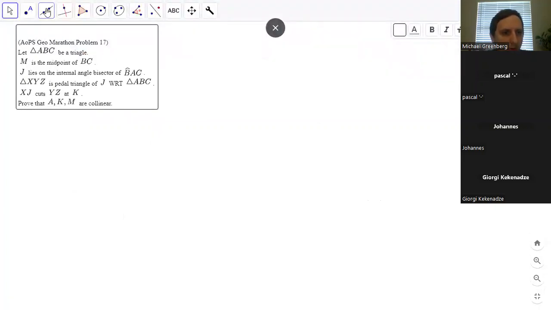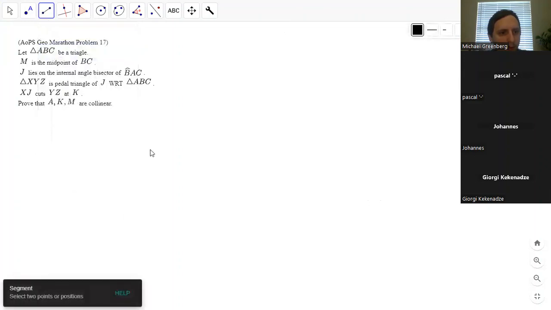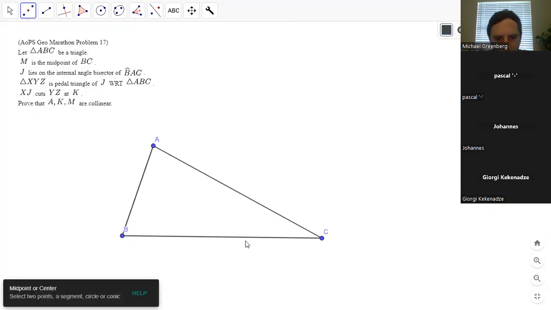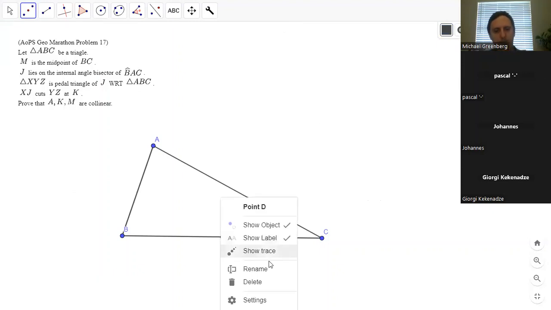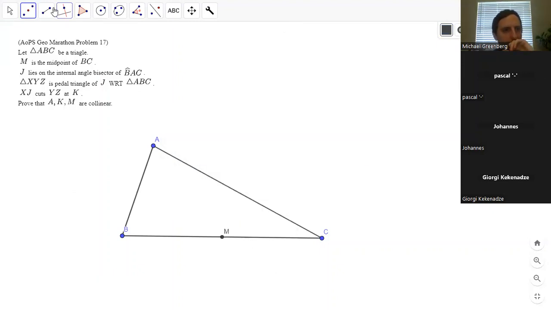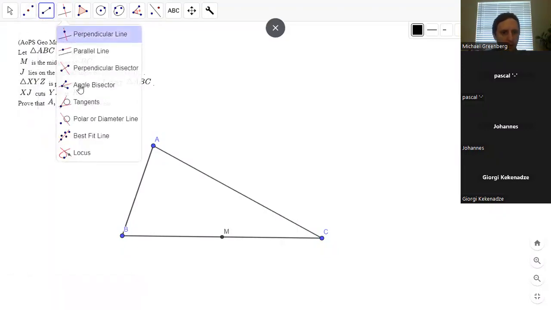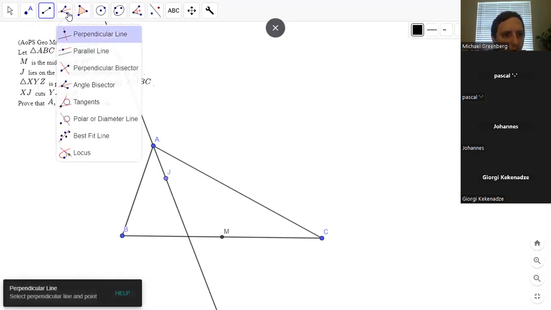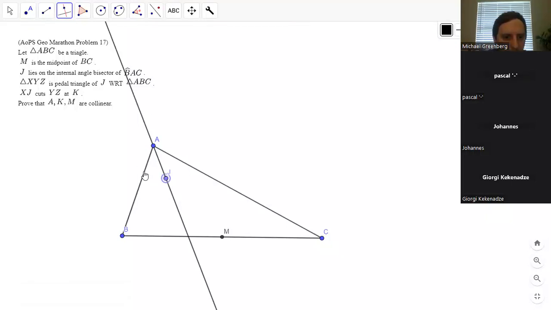So you have a point on the angle bisector, and M is the midpoint. Let's draw the bisector, and J lies on it. And then we draw the pedal triangle of J, so let's draw perpendiculars to each side.